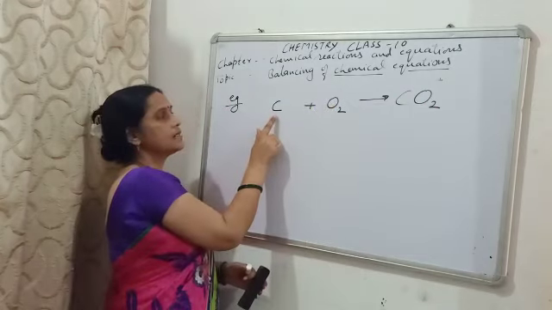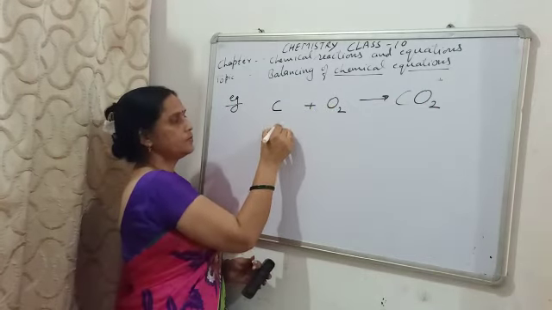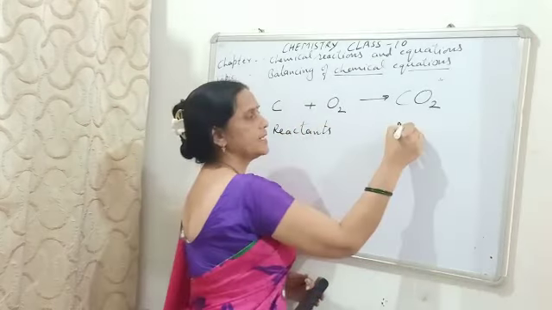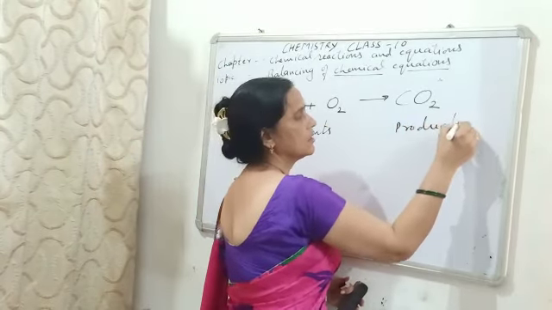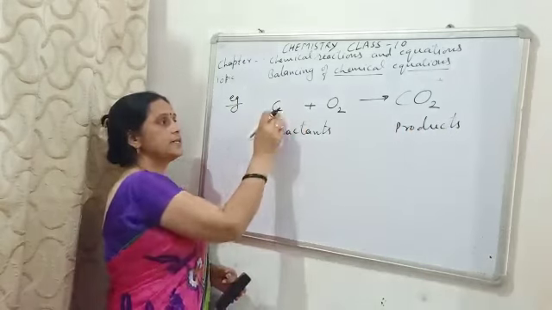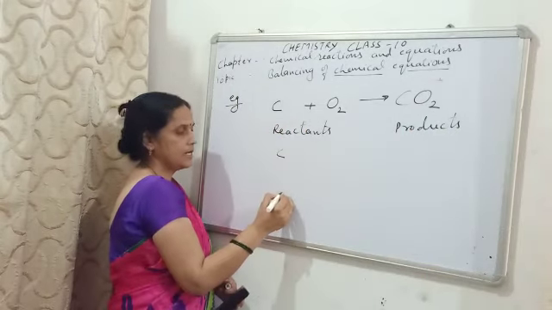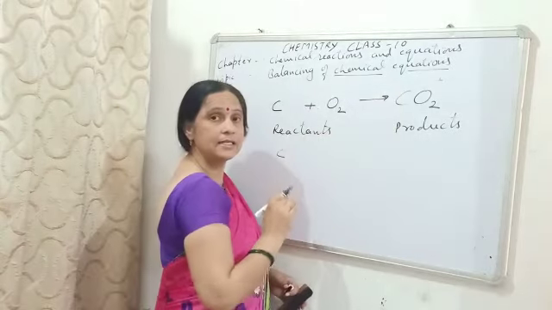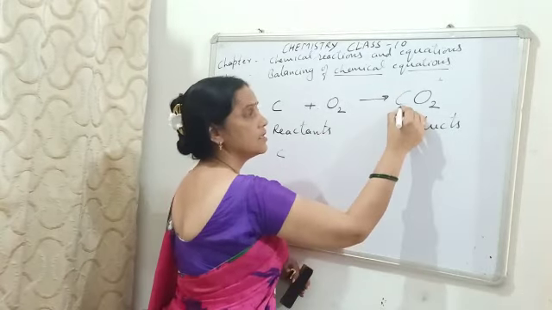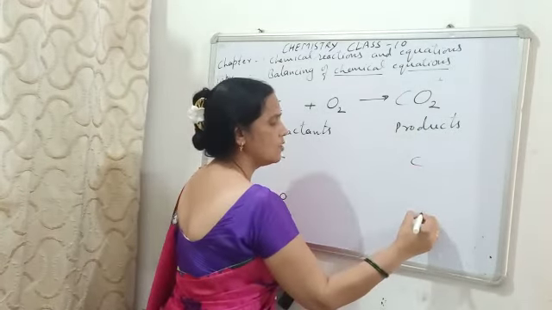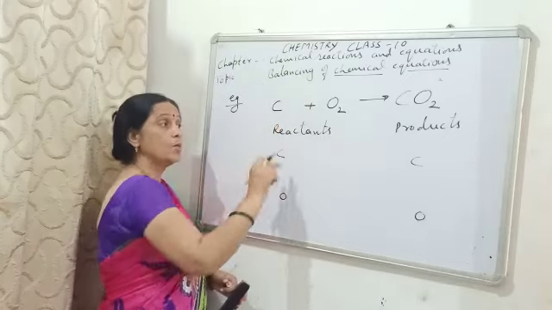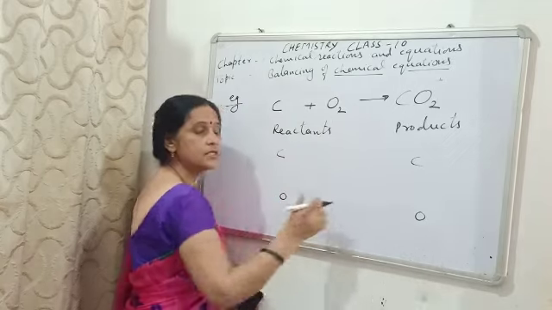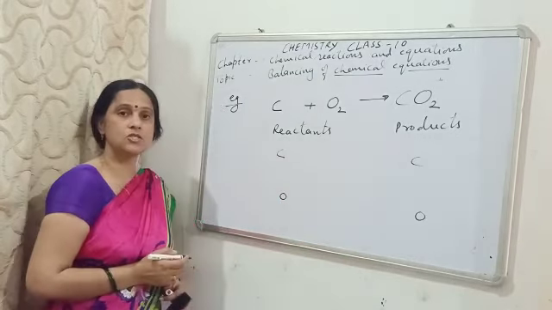Here, reactants are carbon and oxygen, and on the side of products, carbon and oxygen. When the number of carbons are equal and the number of oxygens are equal on both sides, that is balanced.